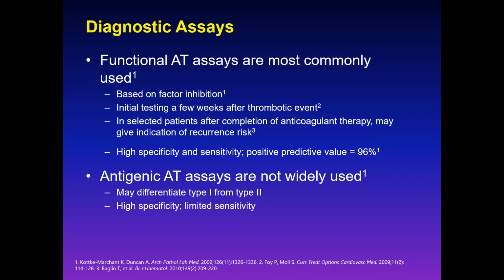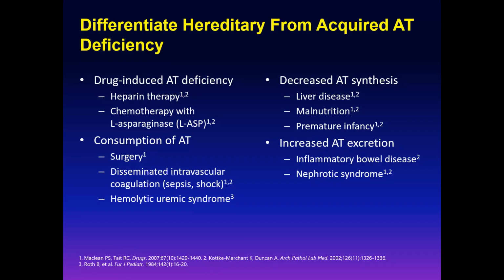Antithrombin deficiency may be acquired, and there are several conditions or circumstances that could lower the antithrombin activity. I mentioned the clot itself in the acute phase can cause a decrease in antithrombin activity, but so can heparin therapy. So during the acute phase of a clot and its treatment with heparin, that's probably the most inopportune time to measure antithrombin activity.